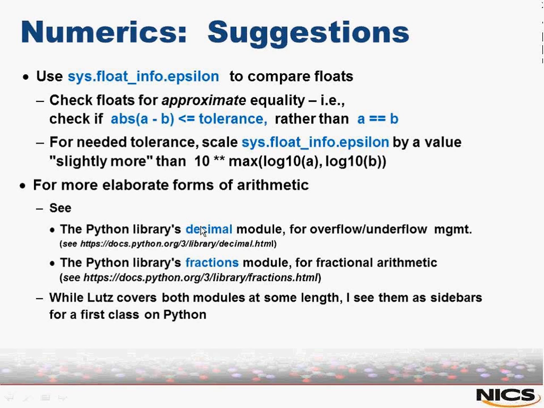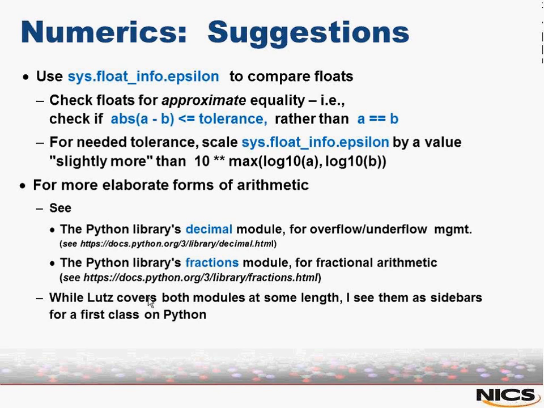There's a module called Fractions where you can do fraction arithmetic. You can say 1/3 plus 4/5, and it will give you a fraction back. The Lutz book covers both at some length, like 6 or 7 pages devoted to both of those. I bypassed them. They're useful to know about, but not important as a first introduction.